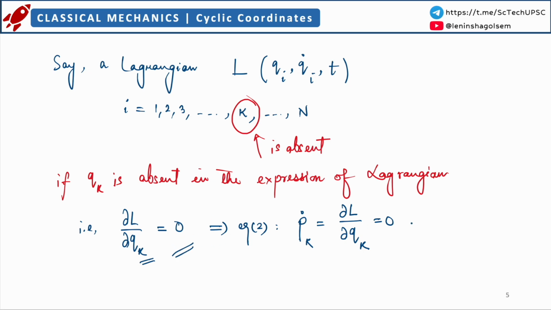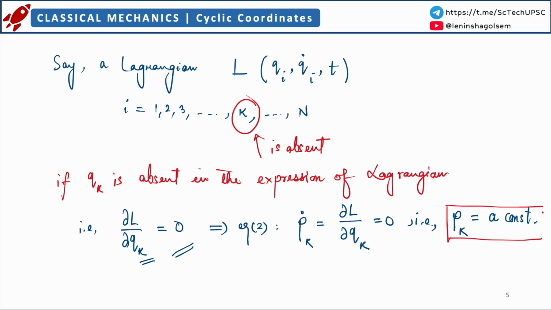So what does it mean? It simply means that the time derivative of the momentum for the coordinate denoted by subscript k is 0. That is, pk, the momentum corresponding to this generalized coordinate qk, is a constant. This is what we stated at the beginning.